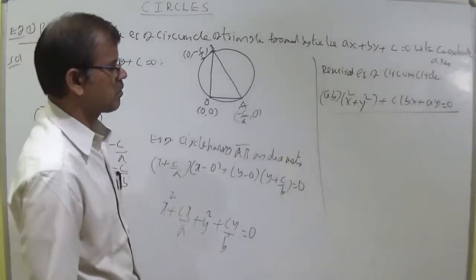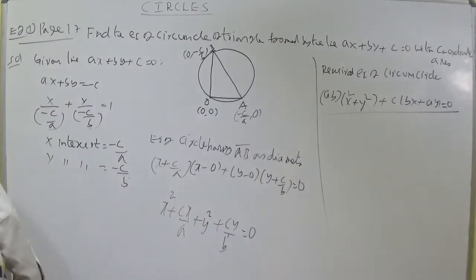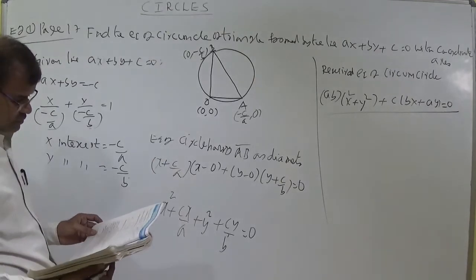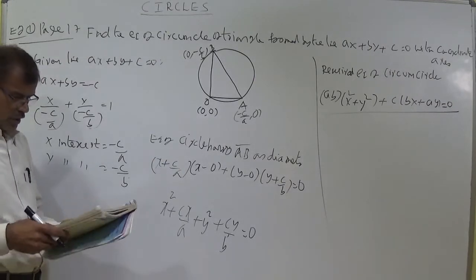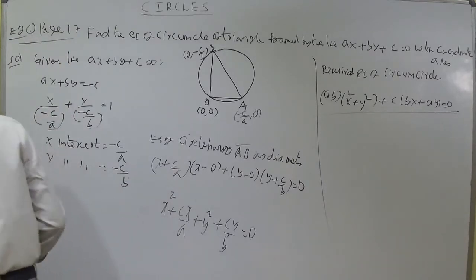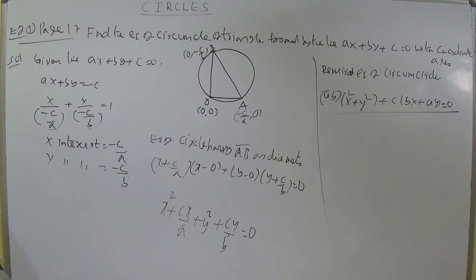So ab(x square + y square) + c(bx + ay) = 0 is the equation of the circumcircle of this triangle. Next model: find the equation of the circle passing through not 3 points, but 3 sides given.